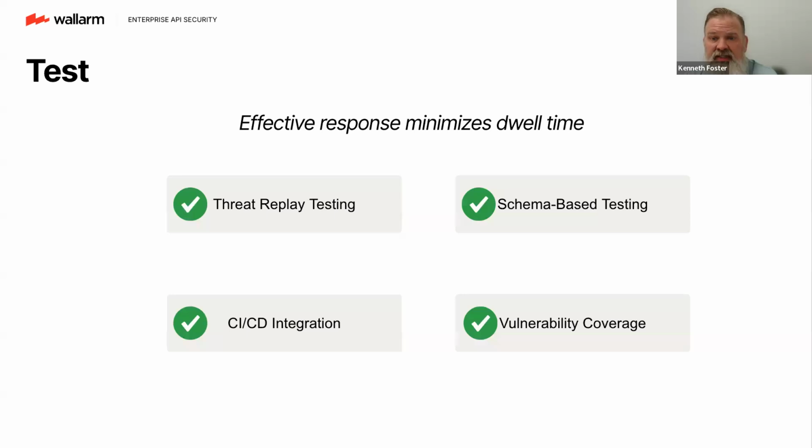CI/CD integration jumps out at me, and that integration needs to be in the lower environments, tested to the same standard that your production environment is going to be at. You don't want to go from a lower controlled environment to a higher controlled environment, break something, and then they want to roll back a piece that is critical to stopping that.